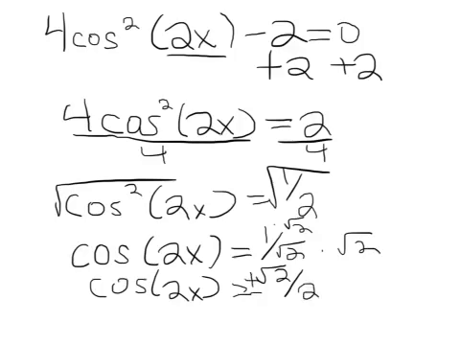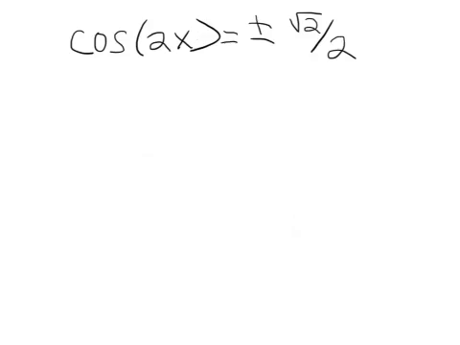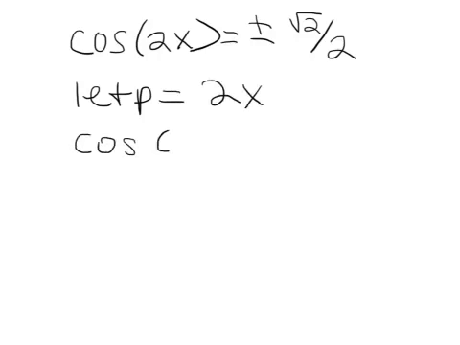Okay, now to answer this, we're going to let p equal 2x. So that way we have cosine of p equals plus or minus the square root of 2 over 2.